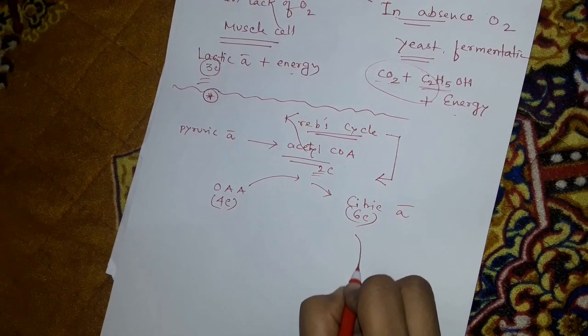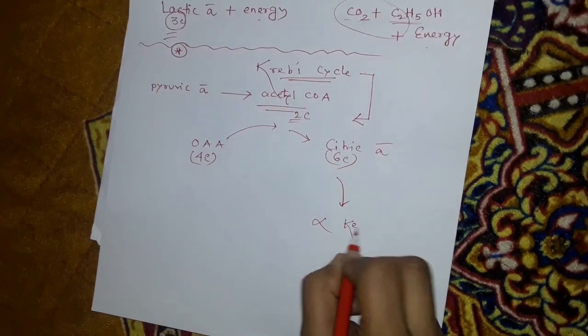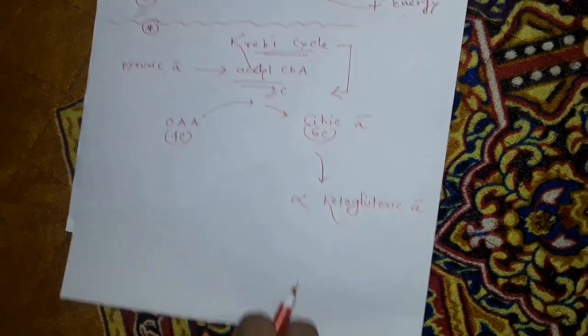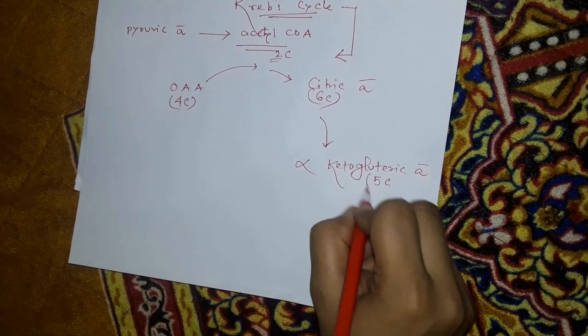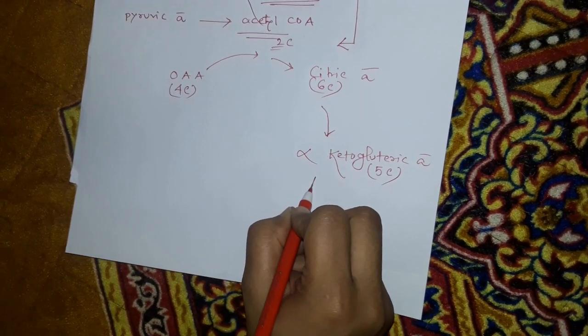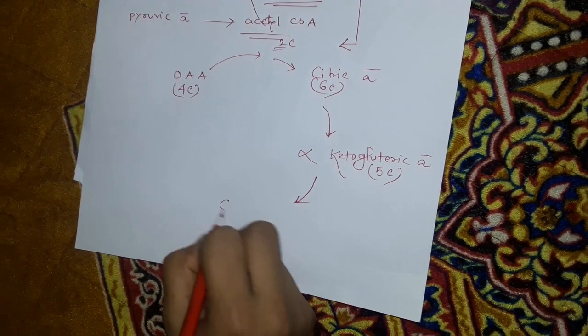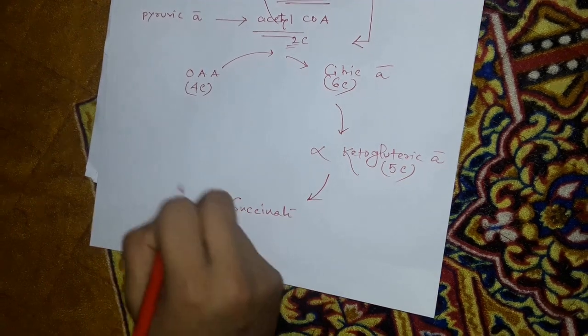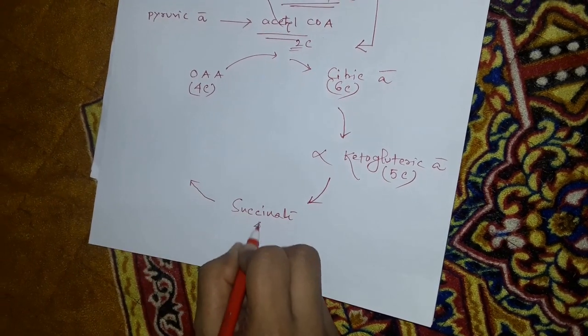With some intermediate products, it will form alpha ketoglutaric acid. It is 5 carbon. So here also CO2 is released. Then it will ultimately form succinyl-CoA, succinate, which is 4 carbon.